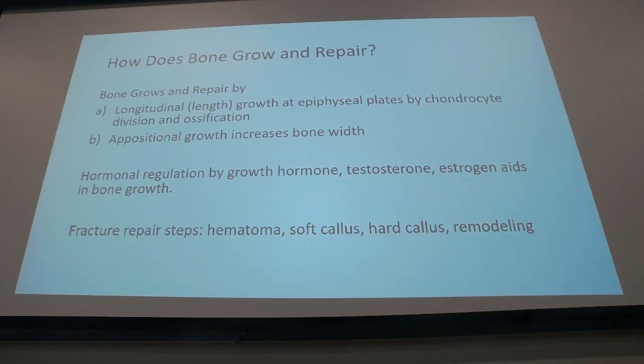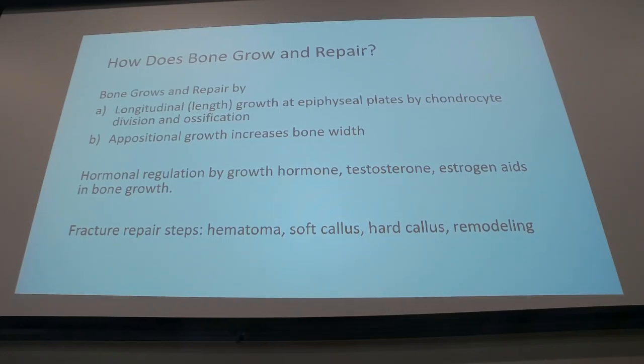And then for fracture repairs. So first you form blood clots. So you have basically a little hemorrhage within the bone, hopefully it's little, so you control it. That's called hematoma. And then you start depositing cartilage. This is soft callus.